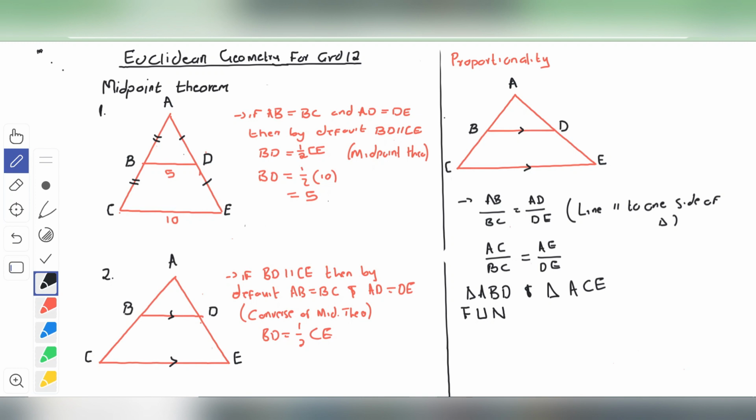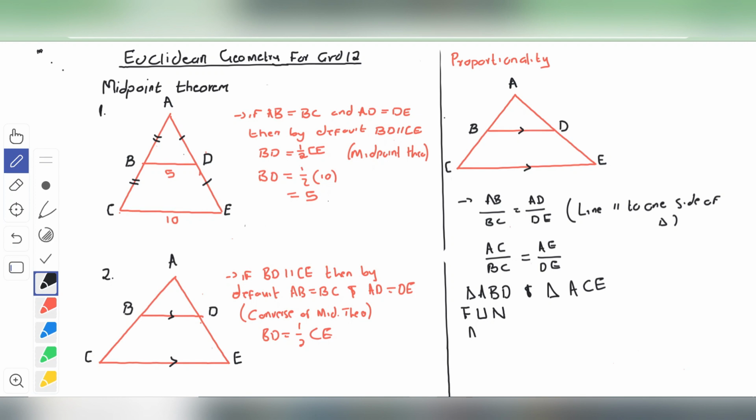So like I said, if the question says prove that triangle ABD is similar to triangle ACE, the first thing that we do is equate the first letter of the first triangle with the first letter of the second triangle.